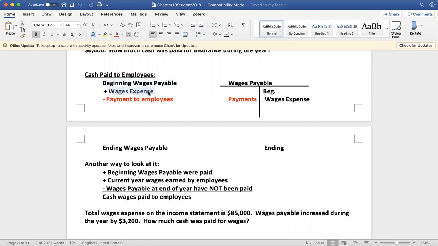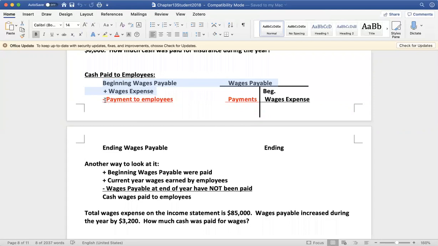We recognize expense, but for the most part, if you remember in 201, we recognize the wage liabilities, and if the expense happens, we add this amount to our wages payable. So if we use beginning wages payable plus wages expense, that is going to be the total amount of wages payable in this period.